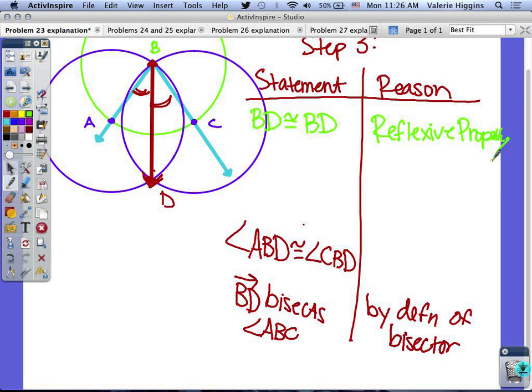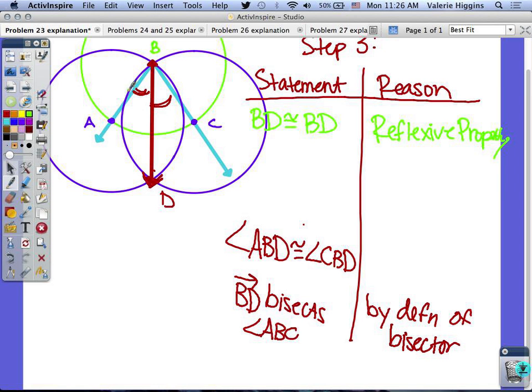All right, what's something else that you know is true or know is congruent? ABD is congruent to CBD. That's what we want to get to say eventually, but we don't know it yet. A is just a point. AB is congruent to CB.